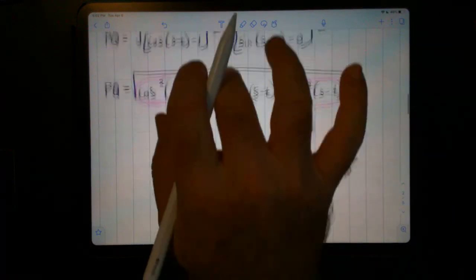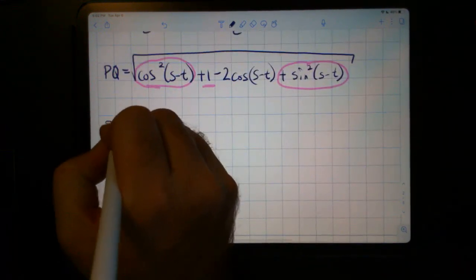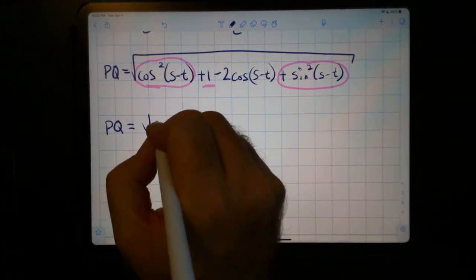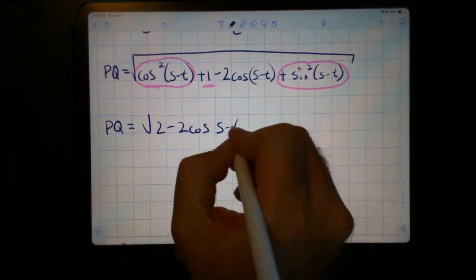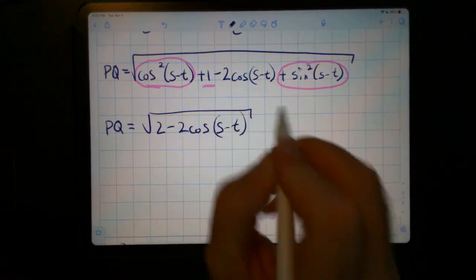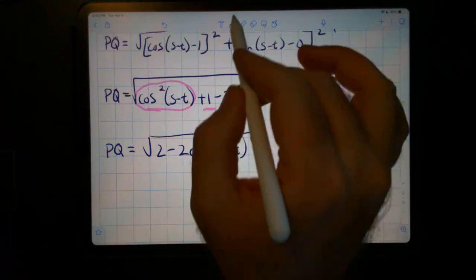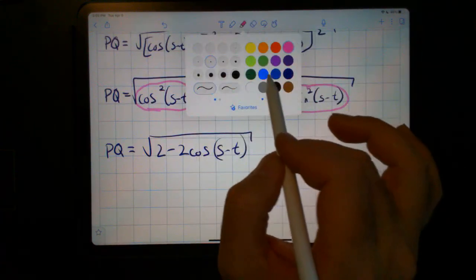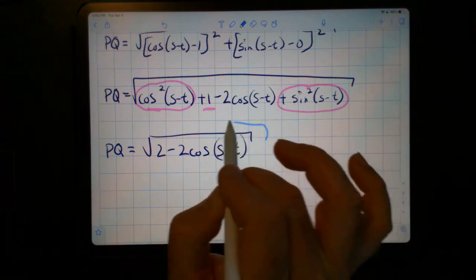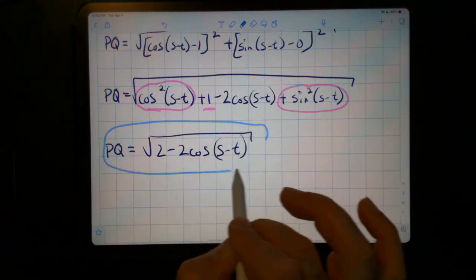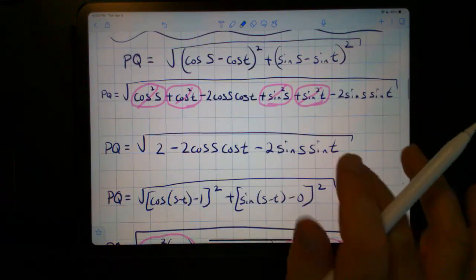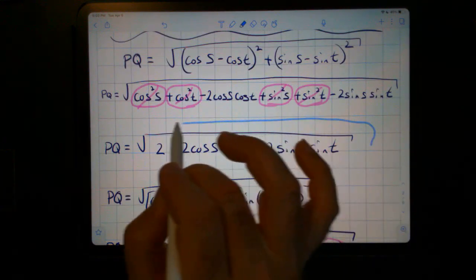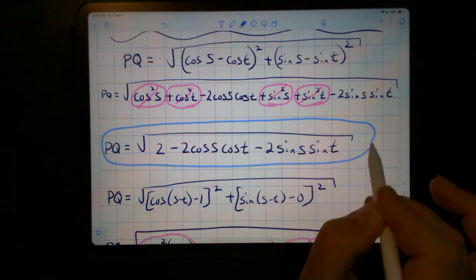So this is PQ is equal to the square root of 2 minus 2 cosine S minus T. Okay, so what we have is this is one definition of PQ, and this is another definition of PQ.